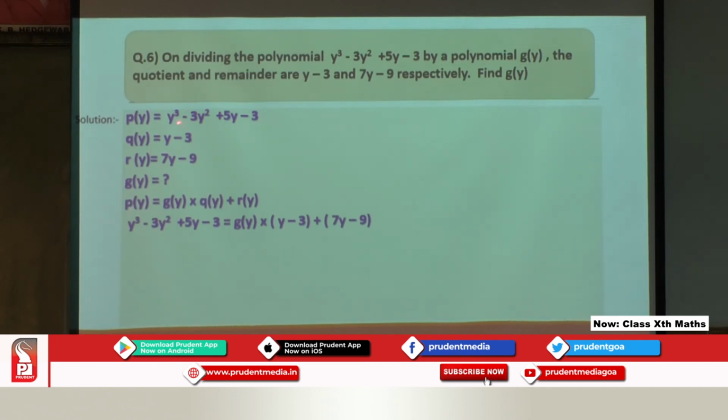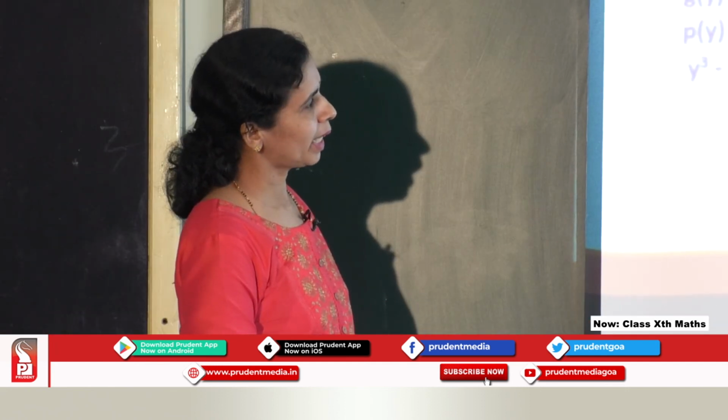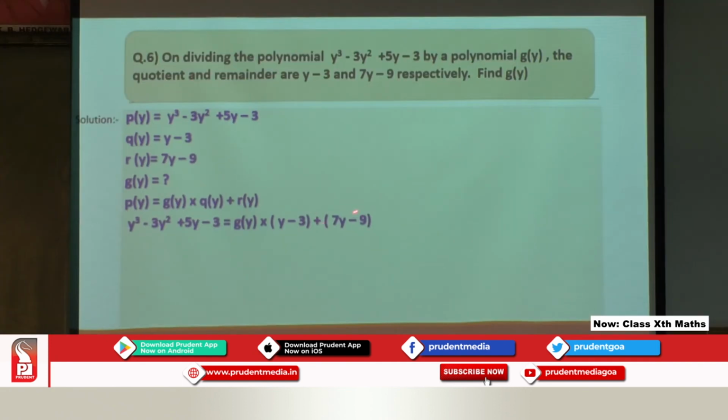So, P of y, that is y cube minus 3y square plus 5y minus 3, I have substituted here in place of P of y, and that is equal to g of y, which we should find out, into q of y. Q of y is y minus 3, that I have substituted here, plus the remainder, 7y minus 9.